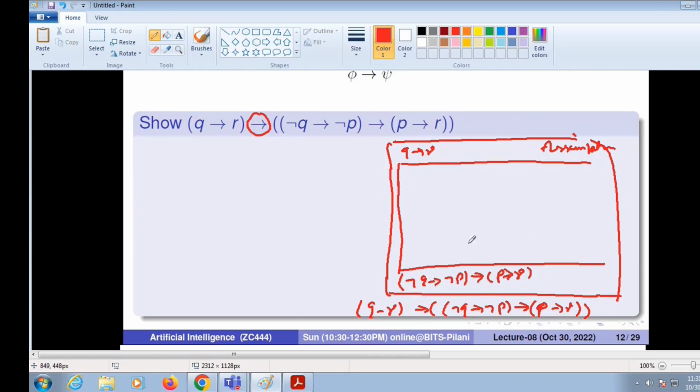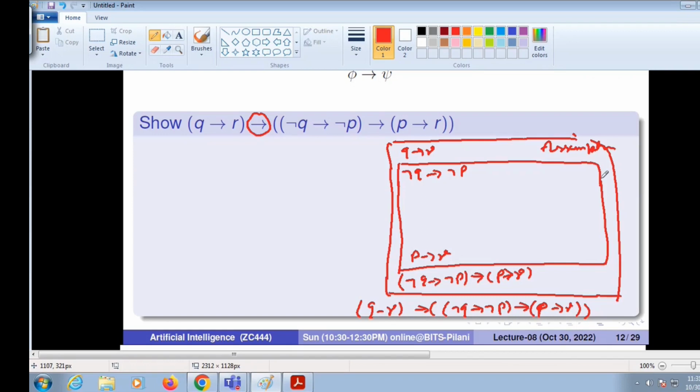This is fine. Now, if I want to write, because here also there is an implication statement, there should be some bracket where I start by not of Q implies not of P, and then I reach P implies R. If I reach this particular scenario, then I can write this statement.